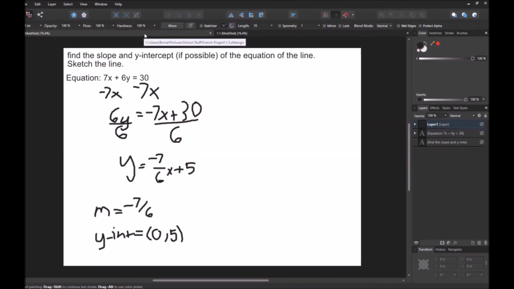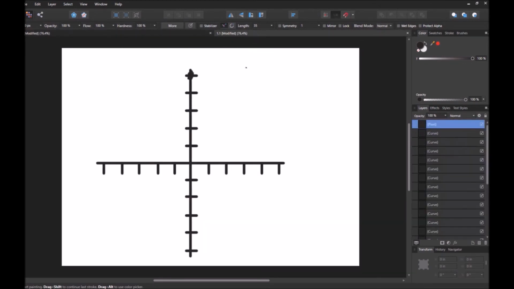And you see our ratio of rise over run is negative 7/6, meaning that for every 6 units we go to the right on the x-axis, we go down 7 units on the y-axis.